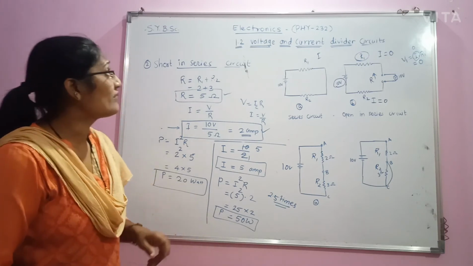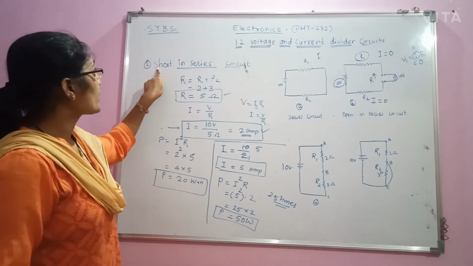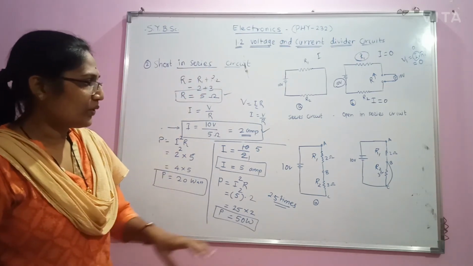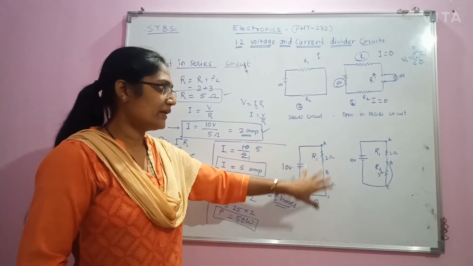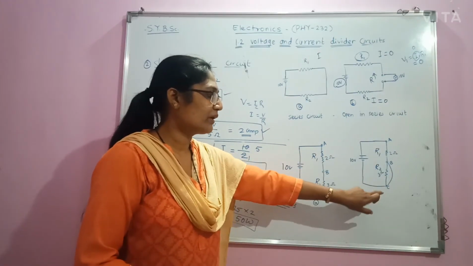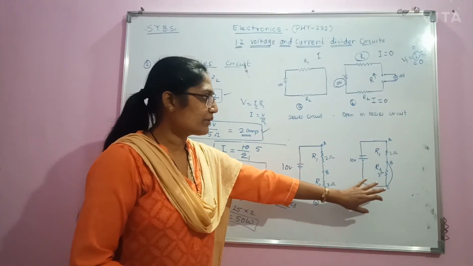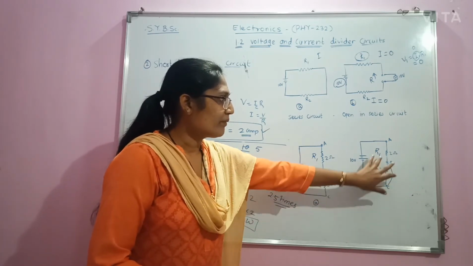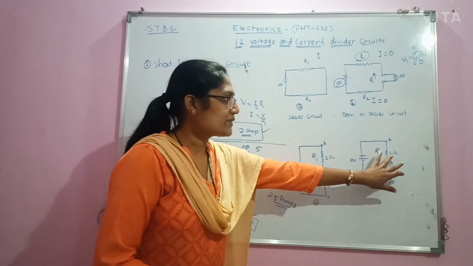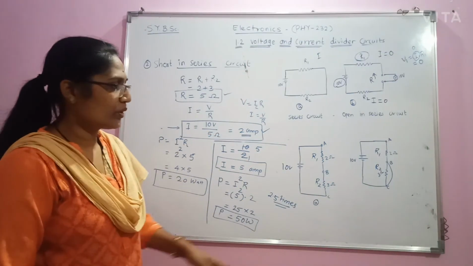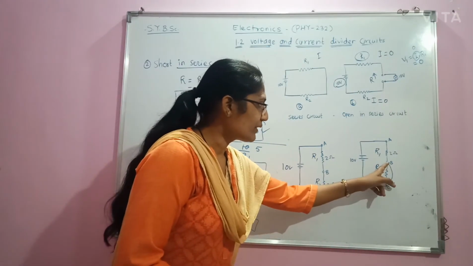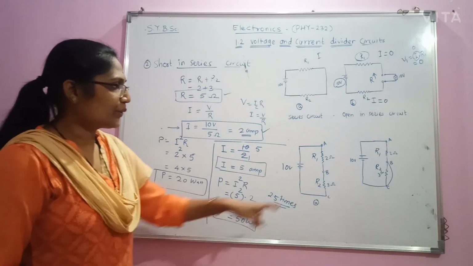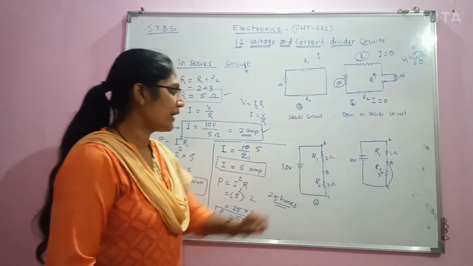So, let's revise once again the short in a series circuit. In order to understand that, we have considered a series circuit and we have shorted it. While shorting, the resistance has decreased to R1 equal to 2 ohm because we have shorted this by using a copper wire, and the total voltage provided is 10 volt.